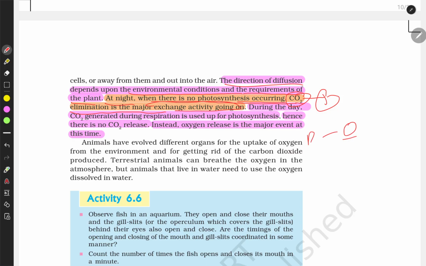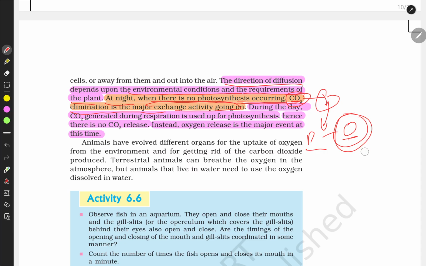During the day, there is a lot of photosynthesis going on, and the CO2 produced by the plant in respiration is used up in the photosynthesis process. So during the day, there is a net release of oxygen by the plant.